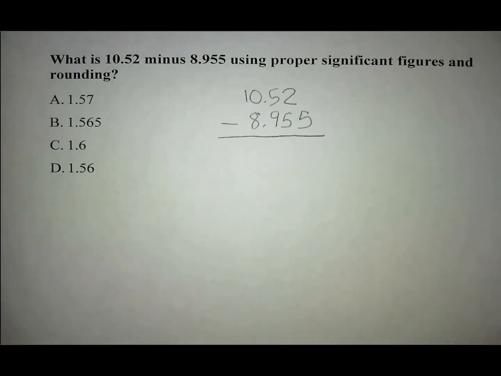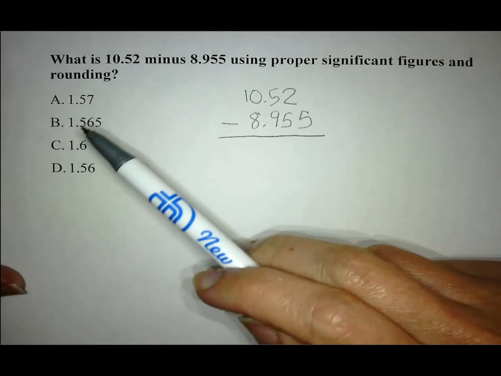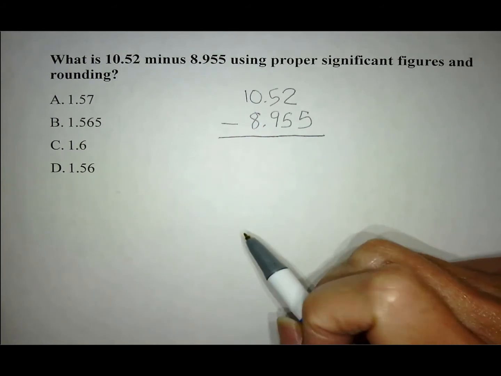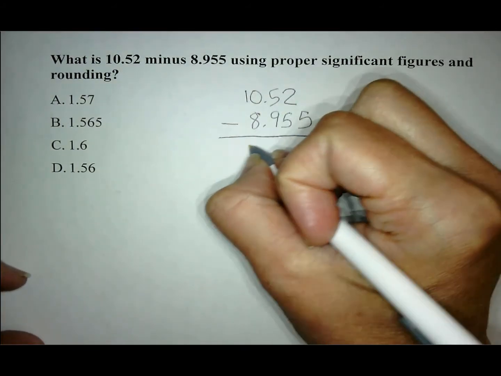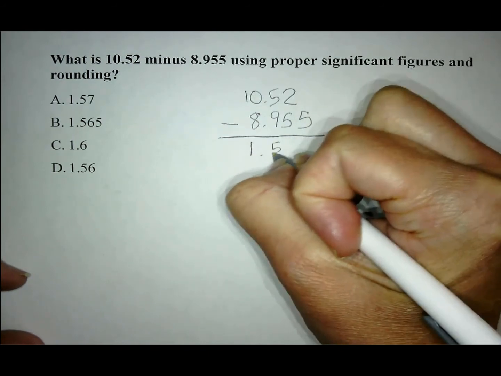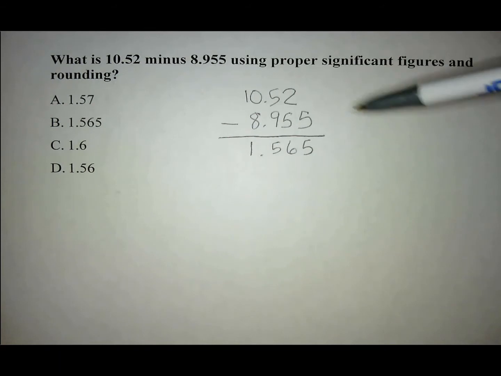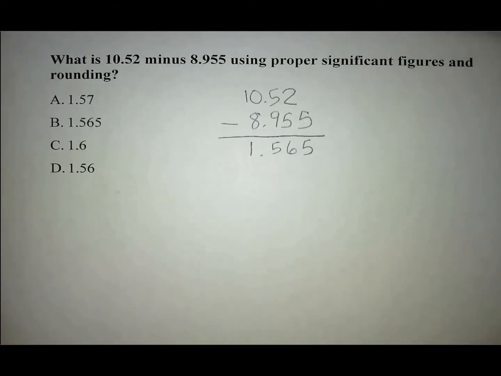Notice that all of the answer choices are actually variations on the same number. They're just rounded a little bit differently. So when I do the subtraction, I come out with 1.565, and I'm going to round it based on my significant figures rules.